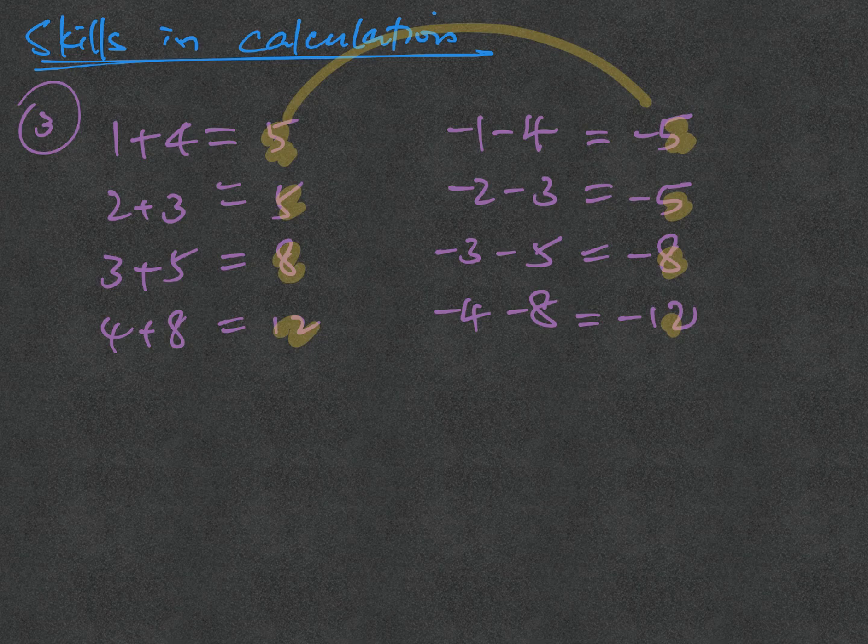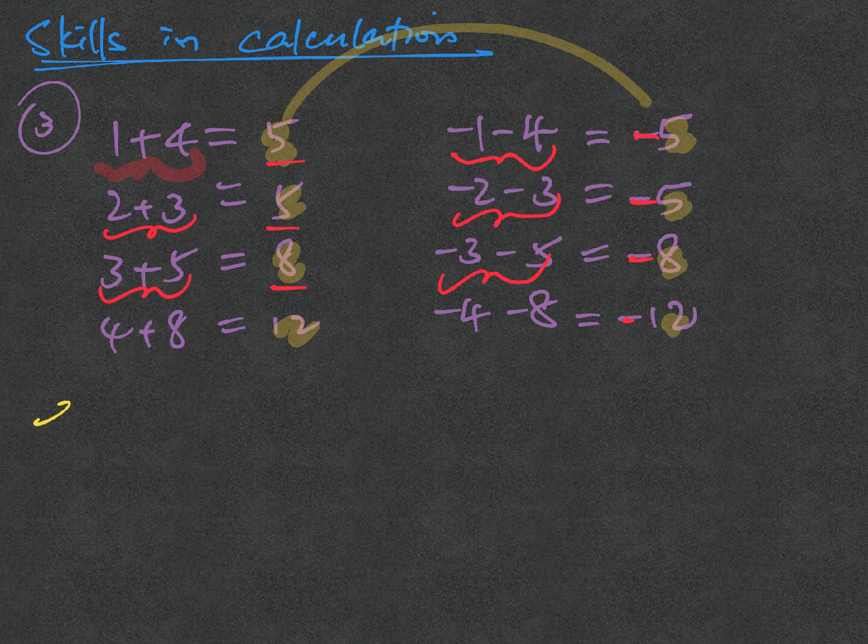The only difference is if you add positive numbers together, the result is positive. But if you have negatives, then the result should be negative. By using this observation, now you can do the calculation as follows.